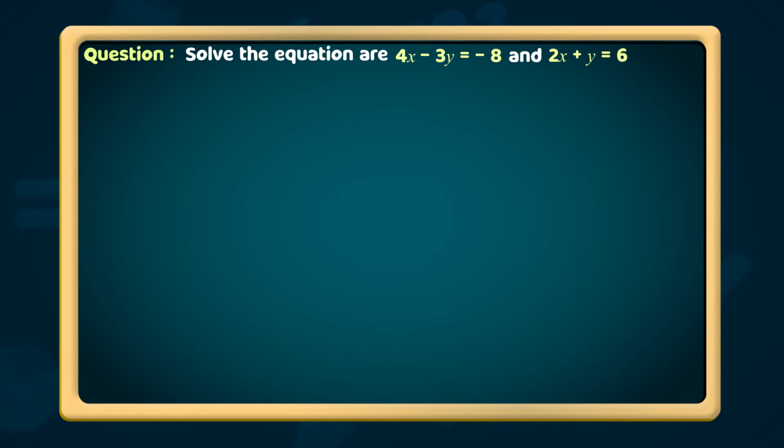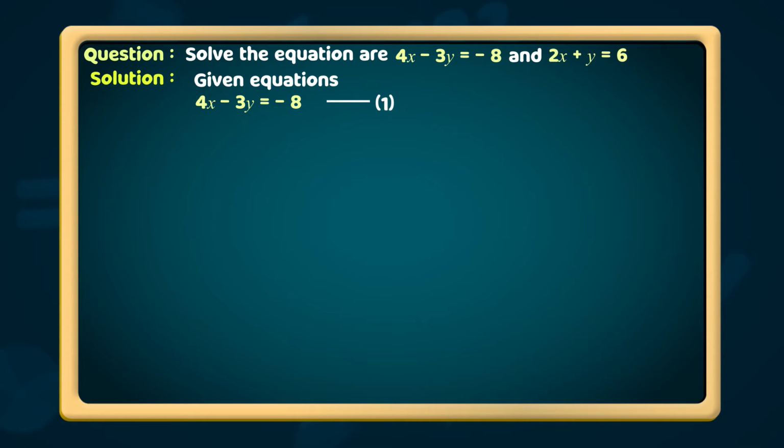Solution. First write down the given equations. So, given equations are 4x minus 3y equal to minus 8. Let it be equation 1.